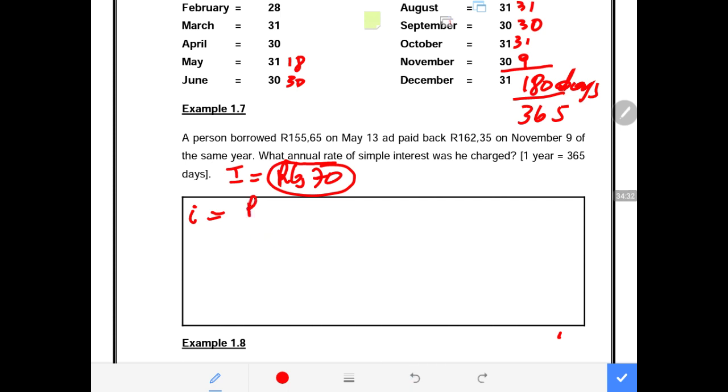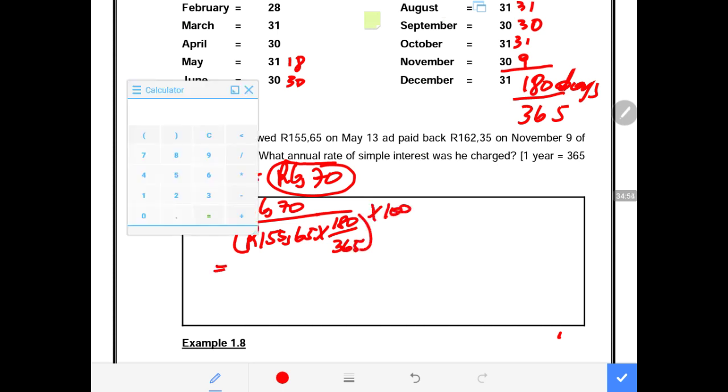We say our interest is 6 rand 70, and the amount that was invested is 155.65. Then we multiply this by 180 days out of 365 days in a year. Don't forget to multiply by 100 because we are looking for the percentage. Then we say 6 rand 70 divided by open brackets 155.65 times 180 divided by 365.